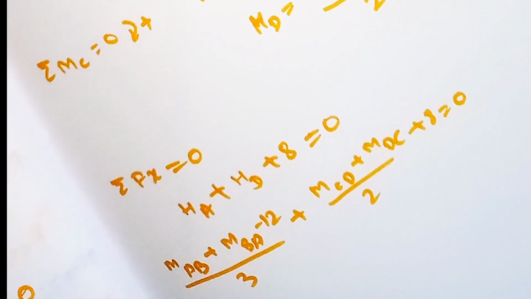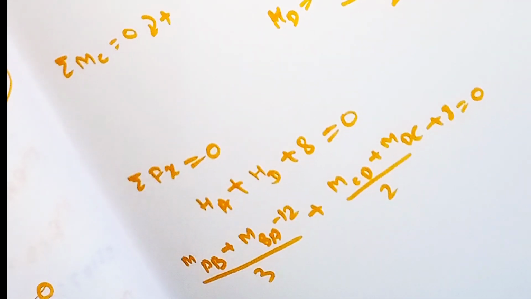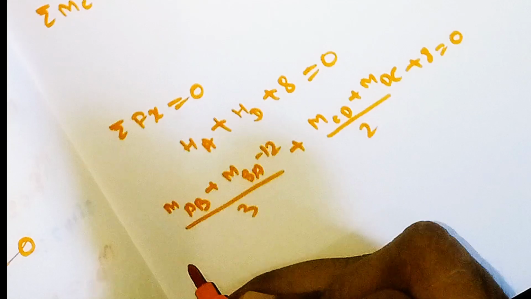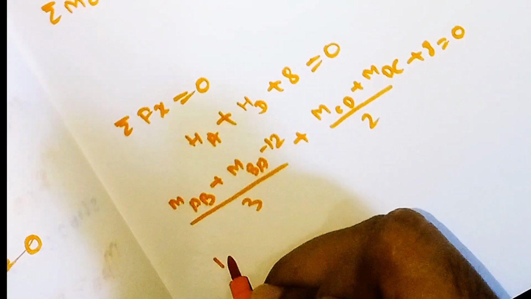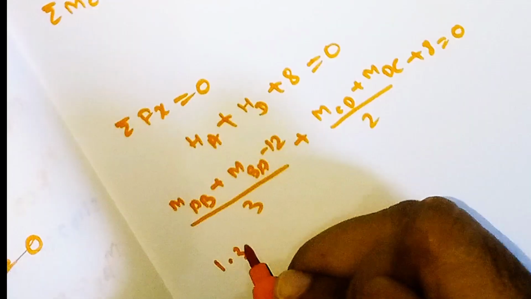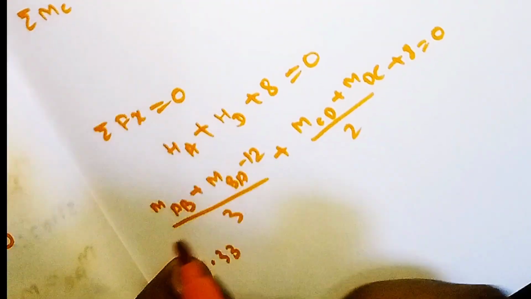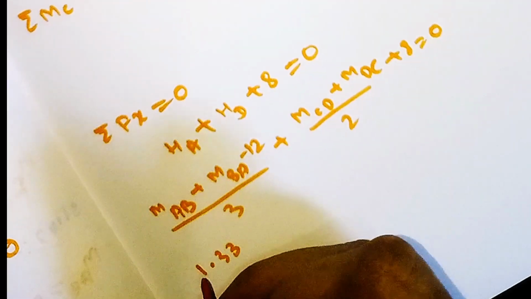So by simplifying, the final answer will come out as 1.33. First we need to substitute our MAB and MBA values.